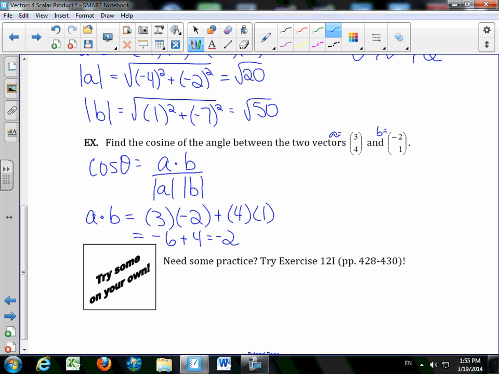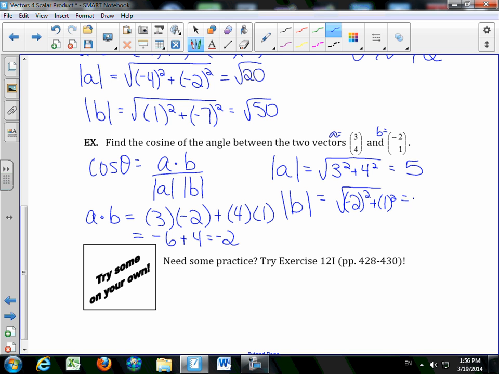Then the length of A is the square root of 3 squared plus 4 squared. That's where you use Pythagoras. So then 9 plus 16 is 25, so that's going to be 5. Then B is the square root of negative 2 squared plus 1 squared, which is the square root of 5.